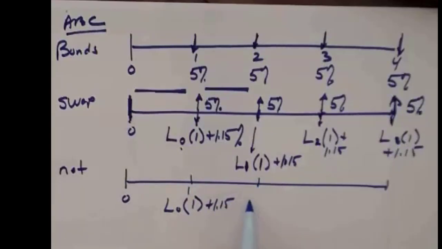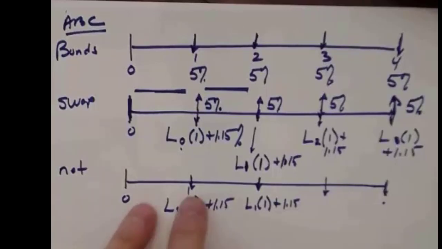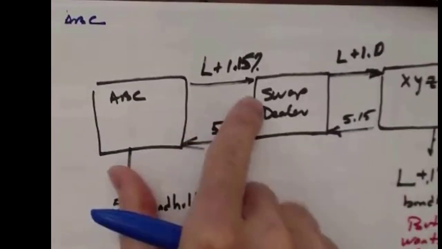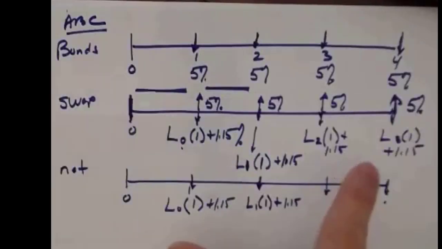In the next period, the net payments, and I should put down arrows because this is what's going to be paid out, is LIBOR 1 for 1 period plus 1.15%, and it keeps going. It'll pay LIBOR 2 for 1 period, and LIBOR 3 for this cash flow. So there you have the same information, but on a timeline basis.